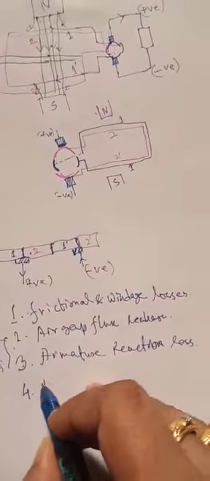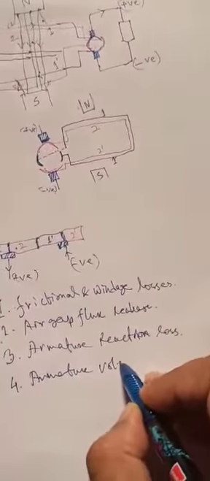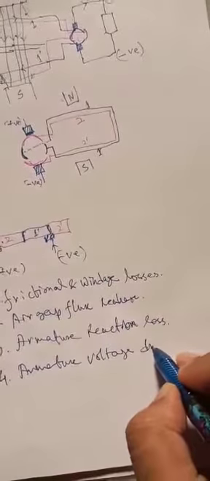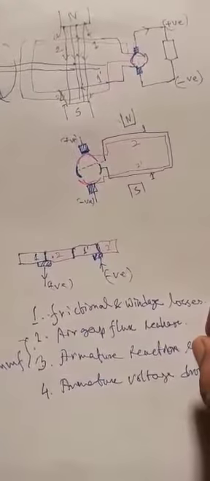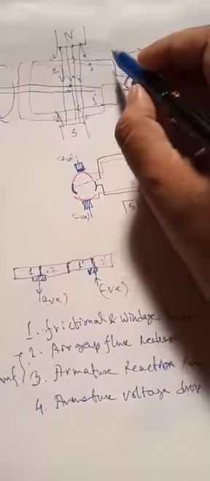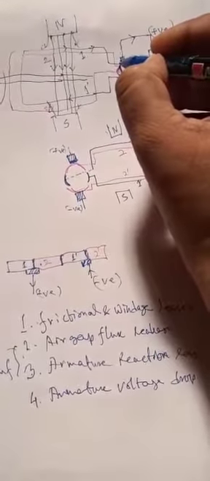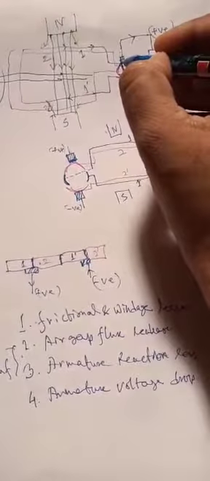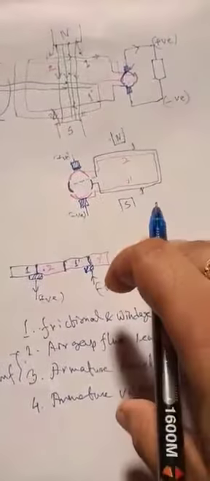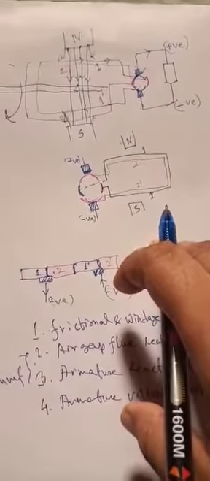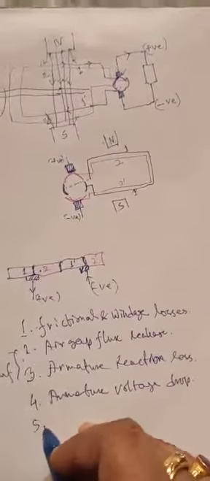The fourth one. And after that, this armature current, when flowing through the armature conductor, at the very contact of the commutator and brush, there also a loss will happen, and that is called the brush drop. This is also one kind of resistive loss. That is the fifth one.